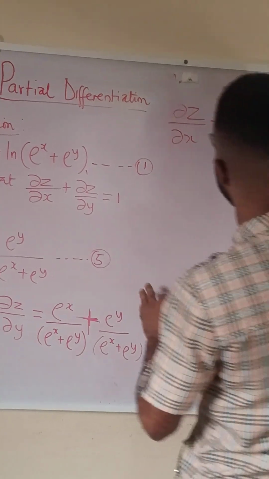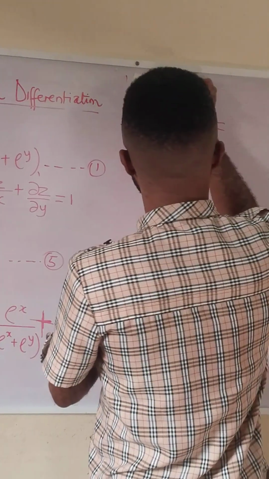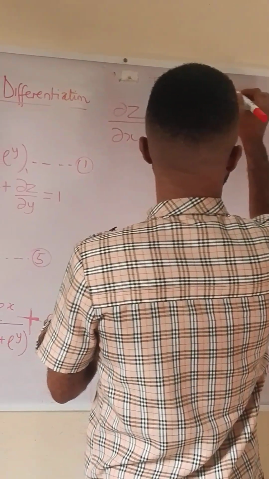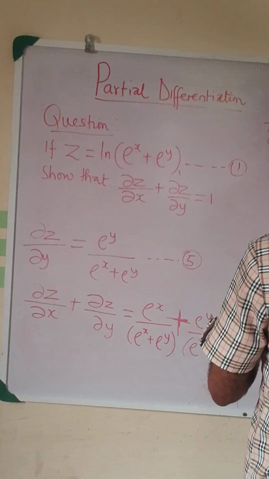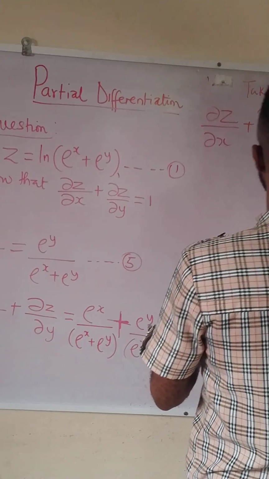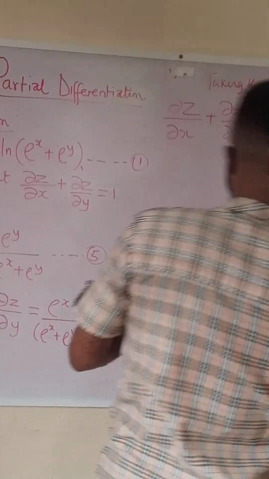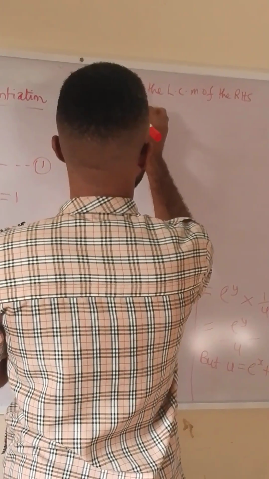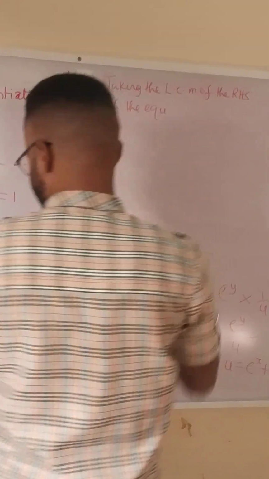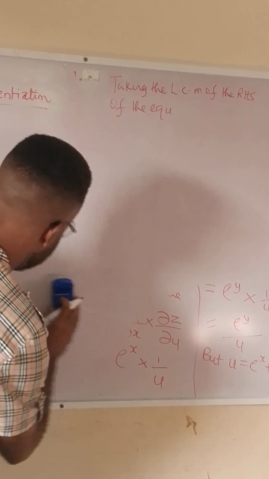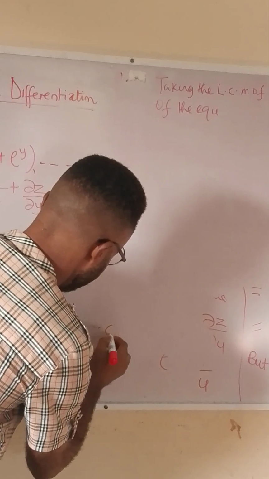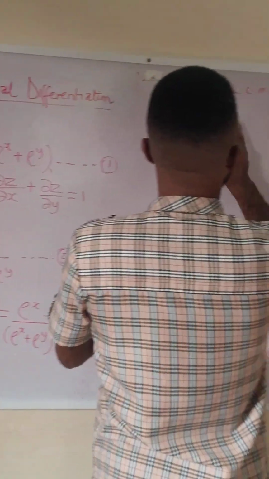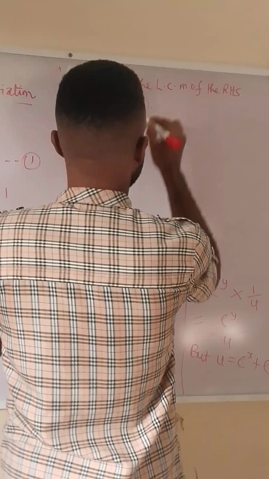So taking the LCM of the right hand side of equation 6, let me call this equation 6.